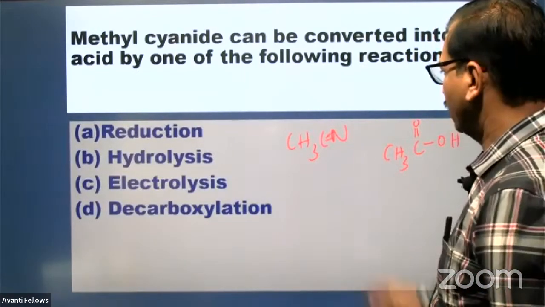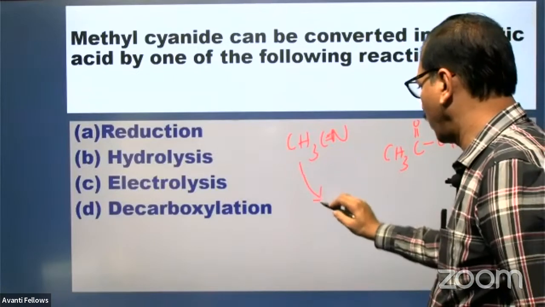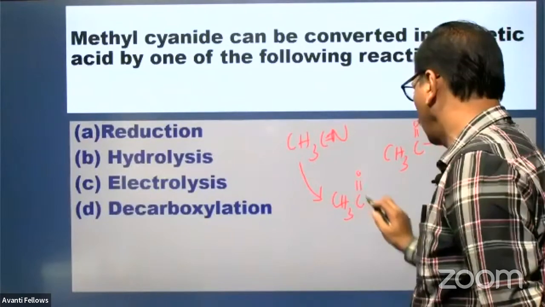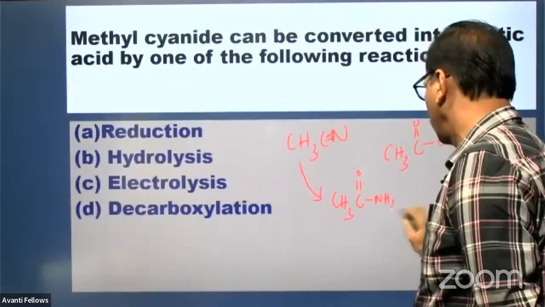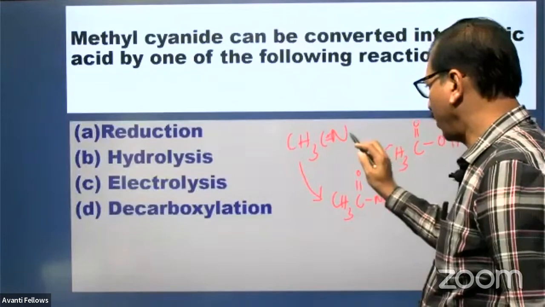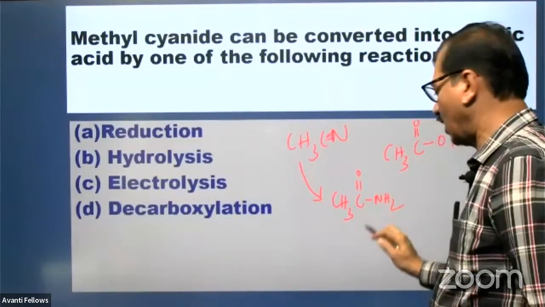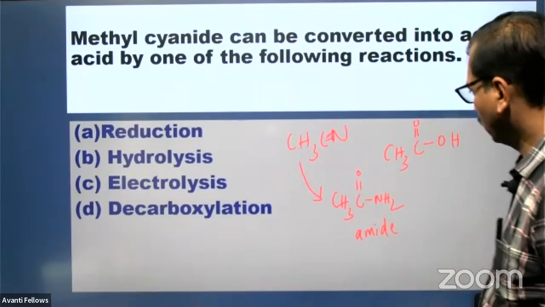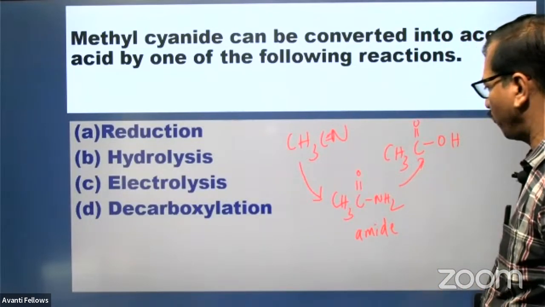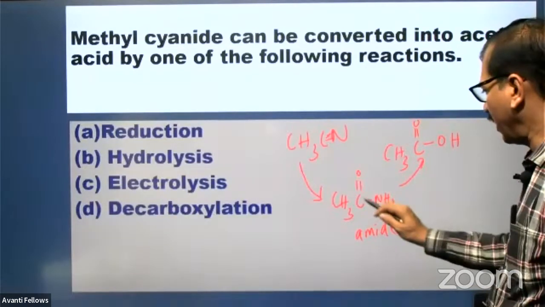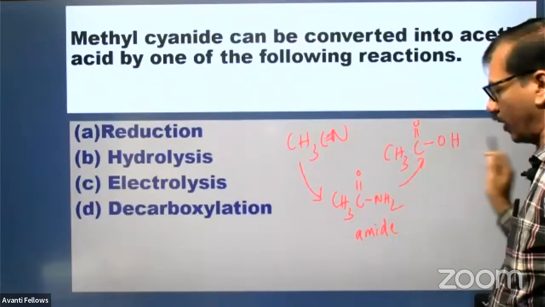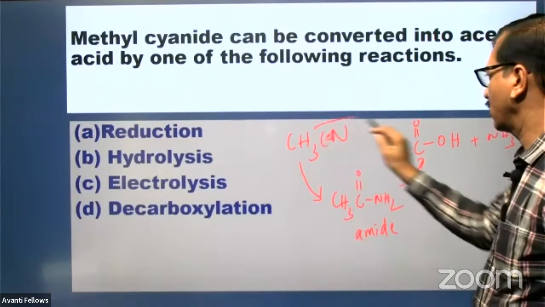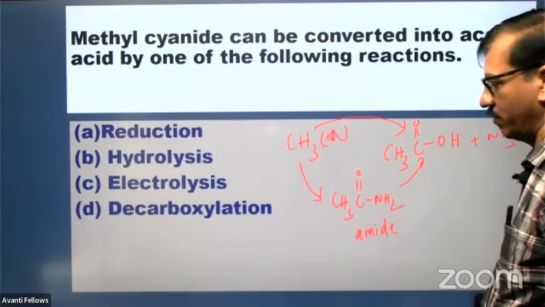Cyanide on hydrolysis with 1 mole of water will give amide, CH3CONH2. Two hydrogens and one oxygen are added. This is partial hydrolysis. With one more mole of water, it gives CH3COOH plus NH3. NH3 leaves here. This is complete hydrolysis.